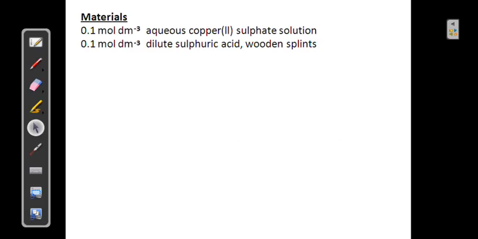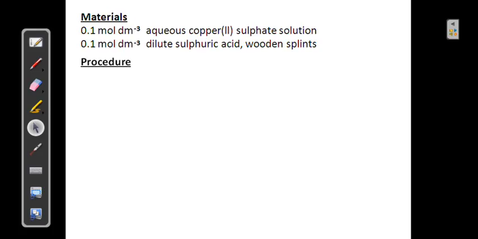We only use a small amount: 0.1 mole per cubic decimeter of aqueous copper 2 sulfate solution, and also 0.1 mole per cubic decimeter of dilute sulfuric acid, and a wooden splint.